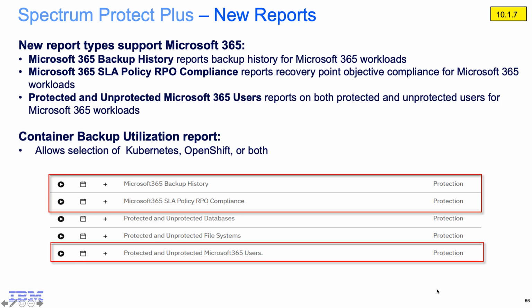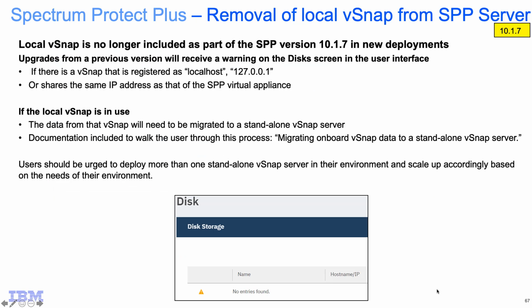Those are very similar to the reports we have for other platforms, so you can see now they're available for Office 365. We've also enhanced the container backup utilization report, which allows you to select Kubernetes or OpenShift, one of the two big platforms that we've added for this version of Spectrum Protect Plus.